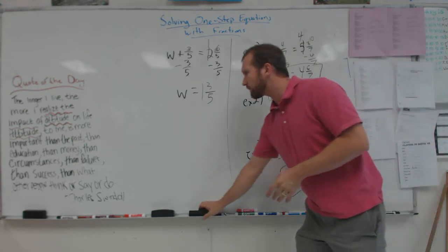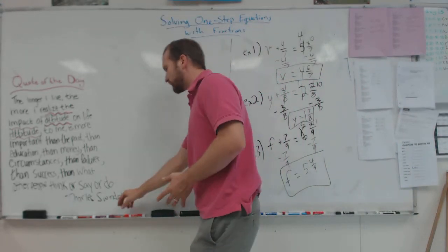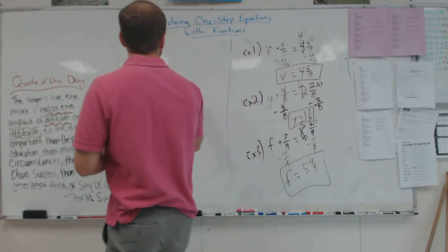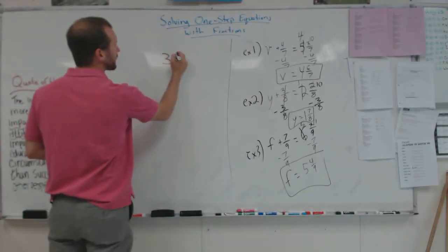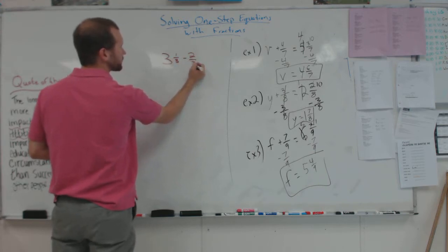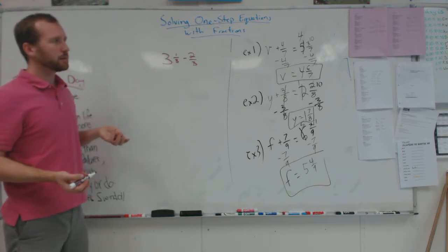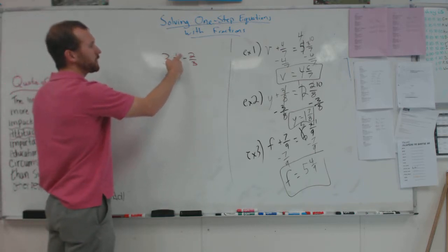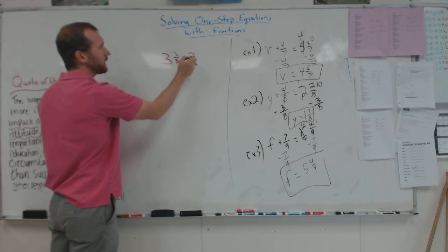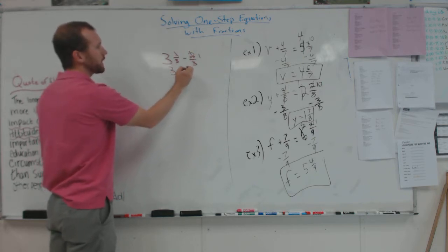So let me show you a different way of thinking about this. Don't write this down unless it's helpful to you. When I'm doing a problem like 3 and 1/3 minus 2/3, instead of borrowing right away, some people think, okay, I have 1/3, so I'm going to take that away. Now I just have 3 minus 1/3.